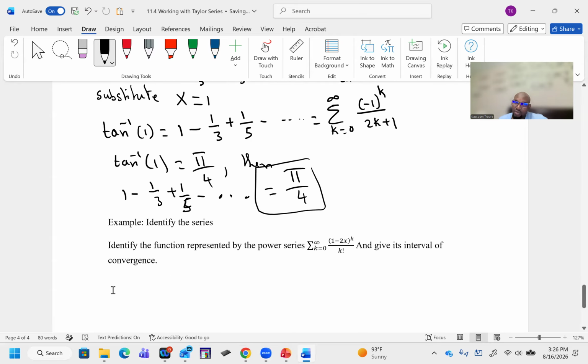In this example, we are asked to identify the function represented by the power series, the sum from k is equal to 0 to infinity of (1 minus 2x) to the power of k divided by k factorial, and give the interval of convergence.